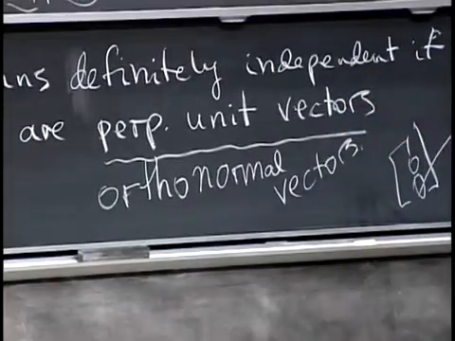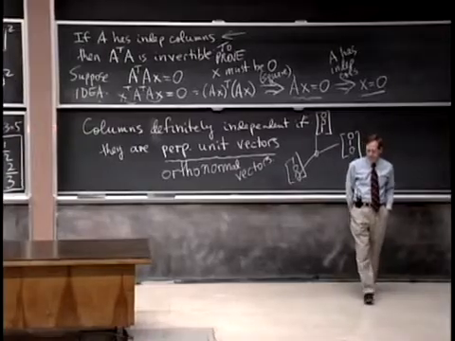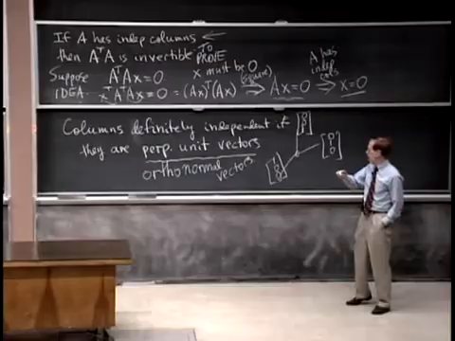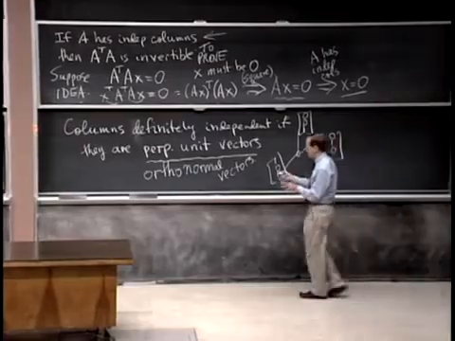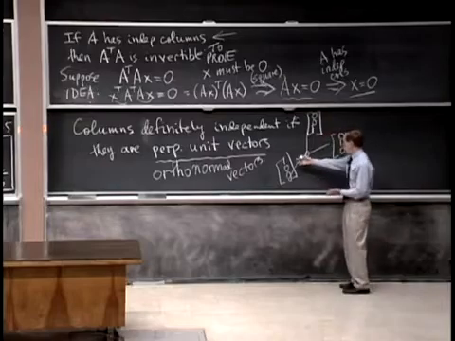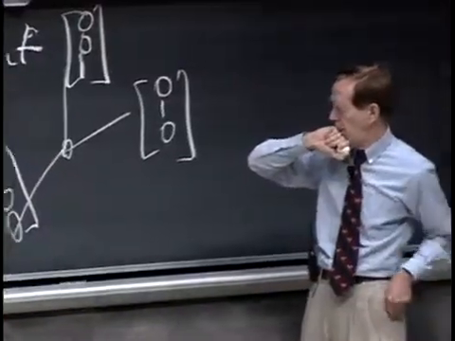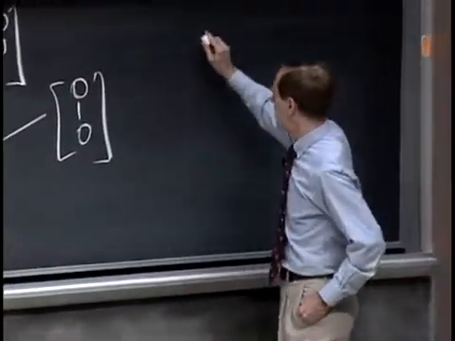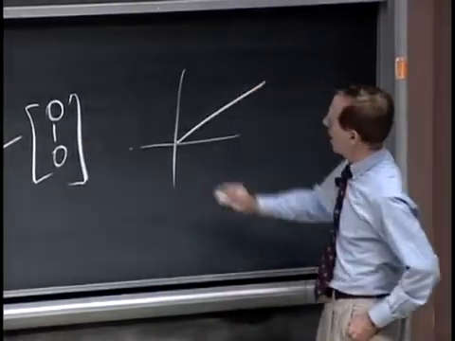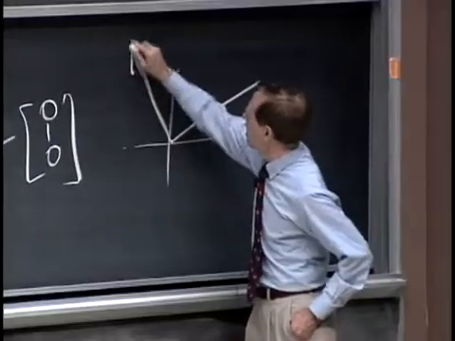Those are the best columns you could ask for. Matrices whose columns are orthonormal. They're perpendicular to each other, and they're unit vectors, well, they don't have to be those 3. Let me do a final example over here. How about one at an angle like that and one at 90 degrees?